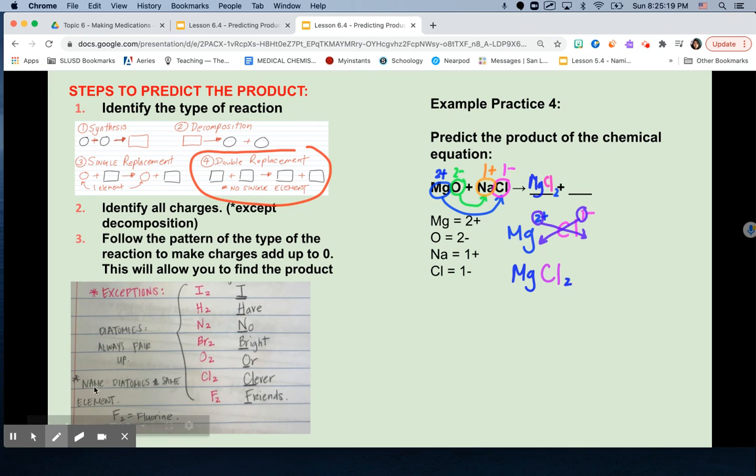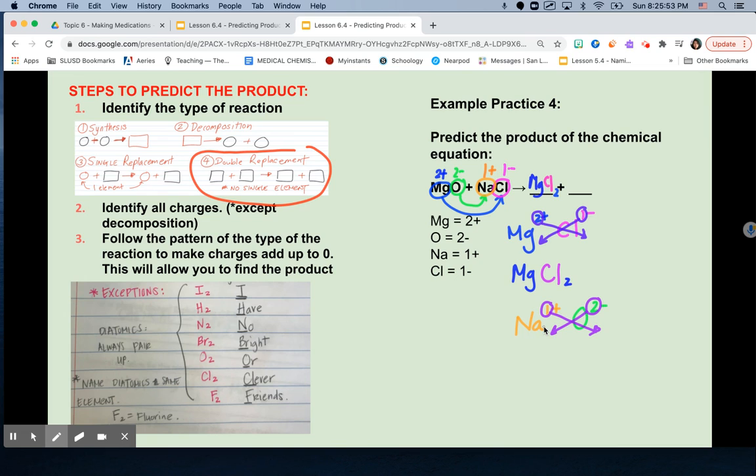So something I should also mention at this point is that the positive charge always goes first. We learned that last unit. You might have forgotten it, but just reminding you now. So Na is the positive charge, so that one's going to go first. O is 2 minus. So just like we did with this one, let's figure out how many of each we need when they get together. The 1 is going to go down here in this corner.